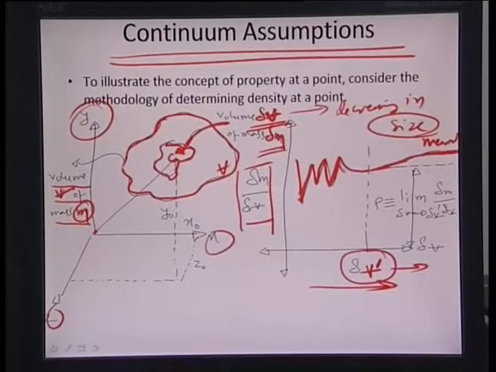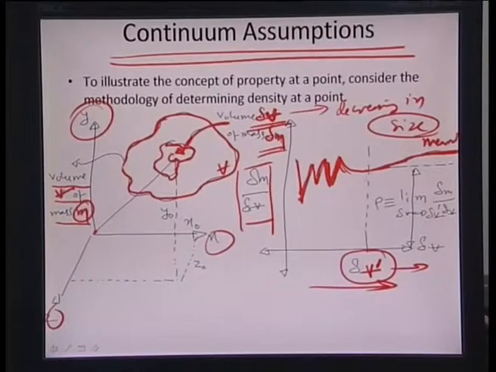So delta m by delta v dash, below a certain v cross dash volume, becomes very erratic because of this motion of the molecules, or continuous seeping of the molecules through its boundaries. So let us say the density behaves like this, very erratic with time.